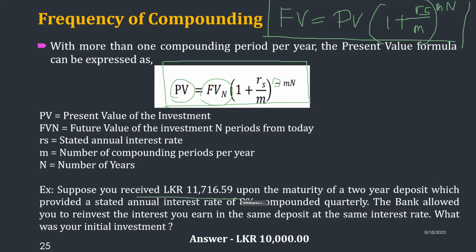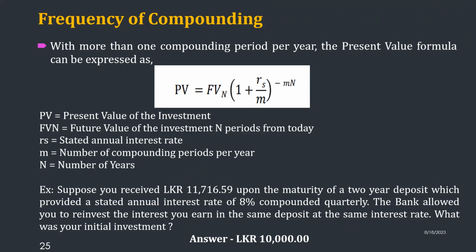Here, this is the future value. Maturity of 2 years is n. A deposit with a stated annual interest rate of 8%, that is r, and compounded quarterly, that is m. So you have to find the present value. Then this formula will be used.